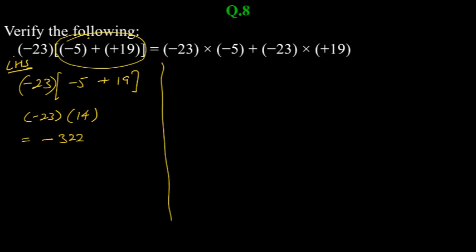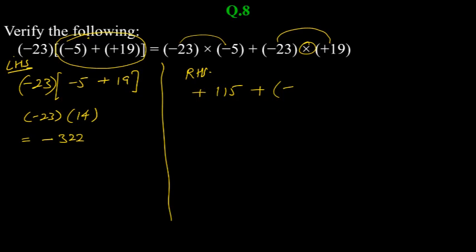Right hand side. In right hand side, first multiplication will be performed here. Minus into minus plus, 23 into 5, 115, plus this multiplication now. Minus into minus, minus 23 into 19.